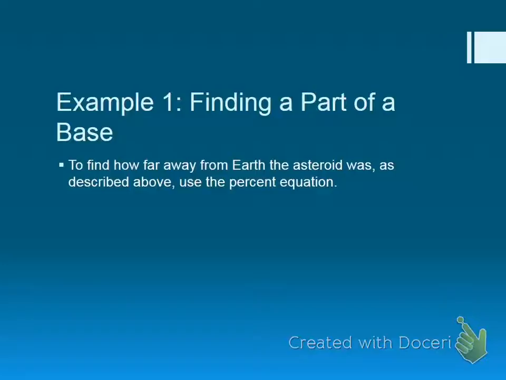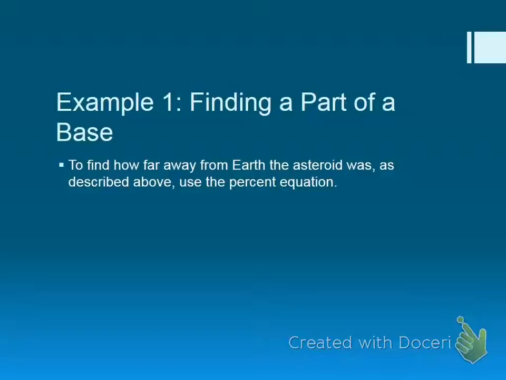On that day, a traveling asteroid missed Earth by about 32% of that distance. It passed between Earth and the Moon. That's how close it came. I guess it wasn't between Earth and the Moon, but it was that much closer than the Moon is to Earth. So how far away from Earth was the asteroid?